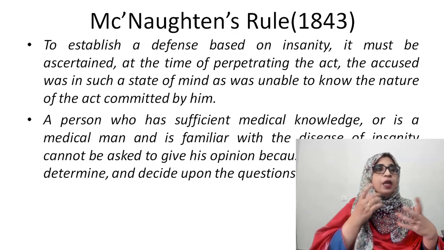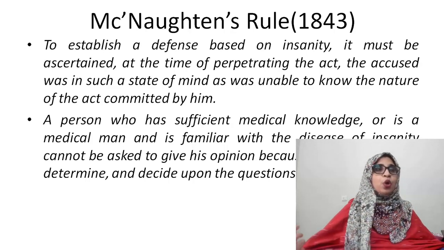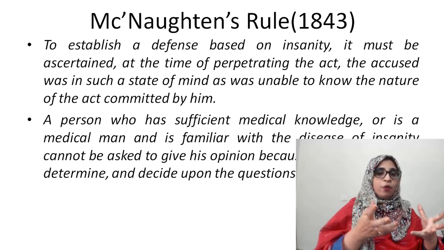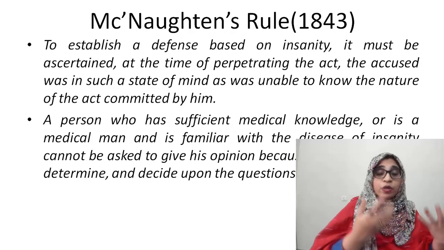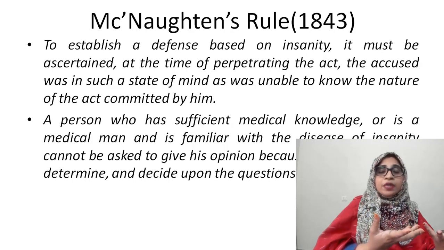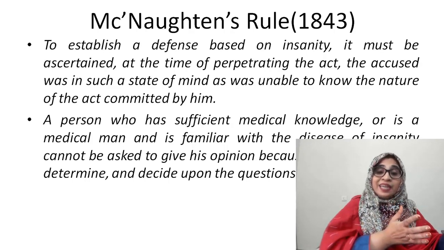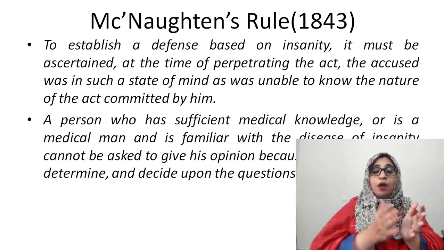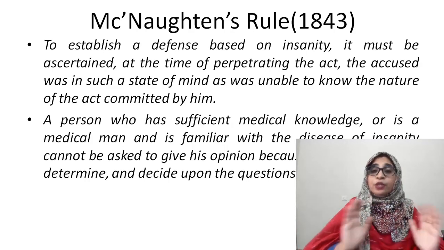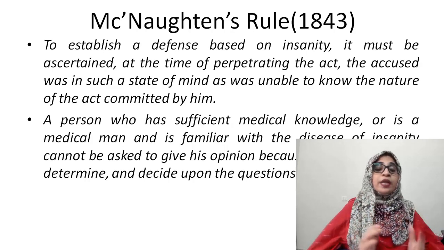Suppose a person is going to murder or do some unlawful act, he doesn't know what he is doing. He doesn't know the meaning of murder, whether it is right or not, whether the act he is doing is against the law or not. He doesn't know about that act at all.